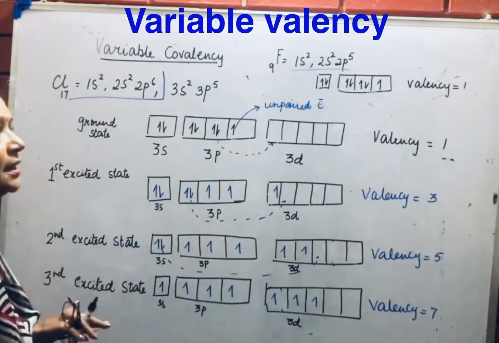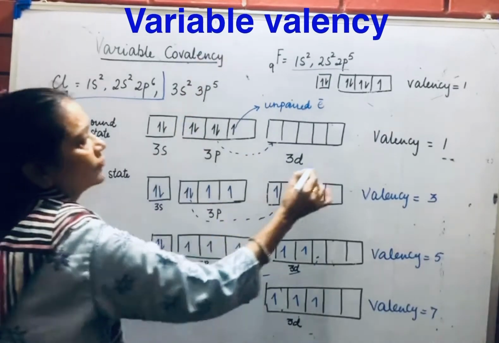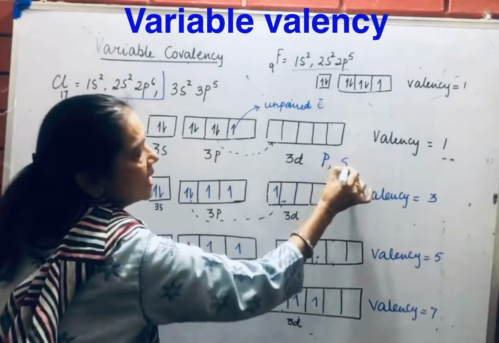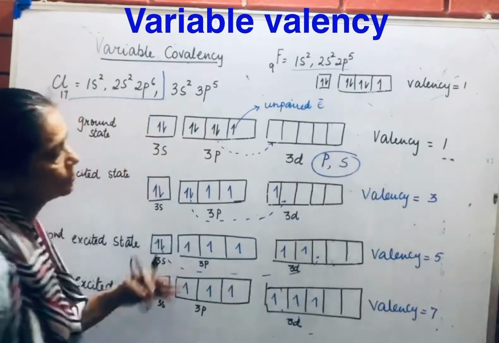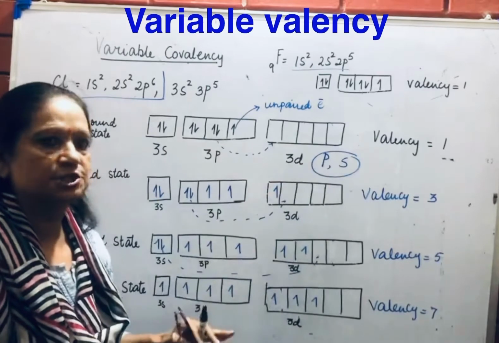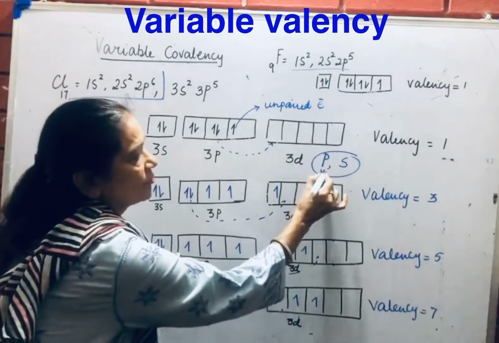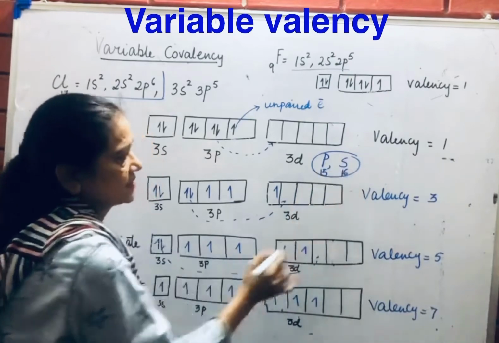Now similarly, we can find different valencies in the case of phosphorus and sulfur. So you try and find out what valencies phosphorus and sulfur can show. The atomic number of phosphorus is 15, and this is 16.